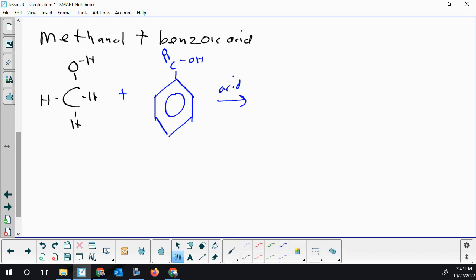Now our connection sequence is the same as I've been doing. This is where drawing that arrow from the alcohol O to the C of the C double bond is going to help us connect this right. So there's our lone pair on our oxygen, and that's going to be attracted to the negative.